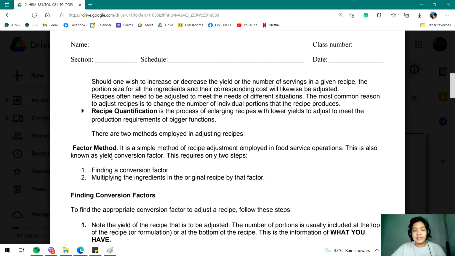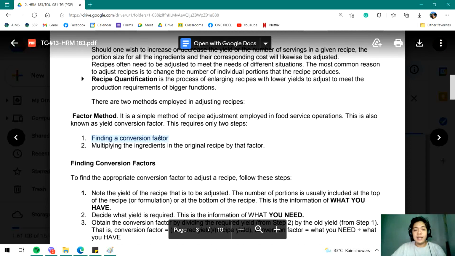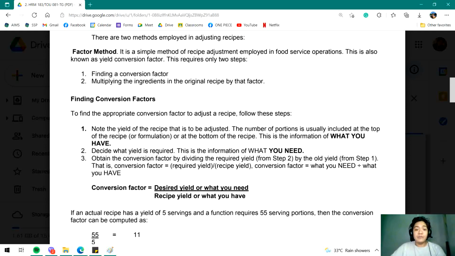This is also known as yield conversion factor, and this requires only 2 steps. The first step is finding a conversion factor, and then multiplying the ingredients in the original recipe by that factor. So, unang kailangan gawin is to find our conversion factors.